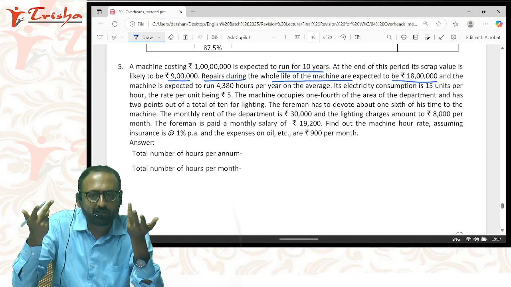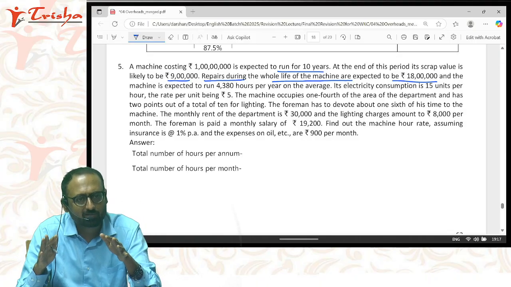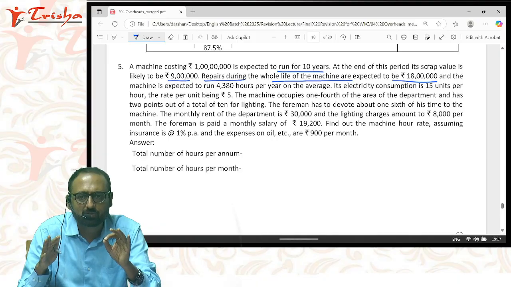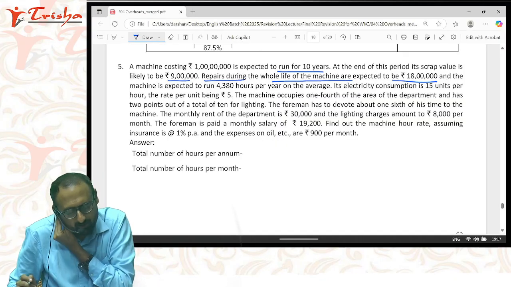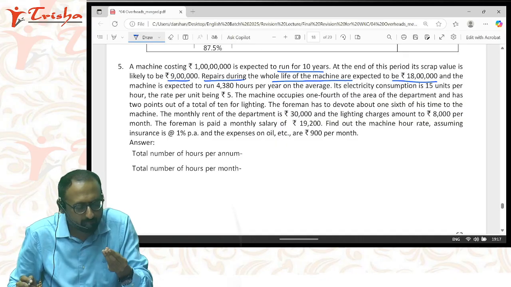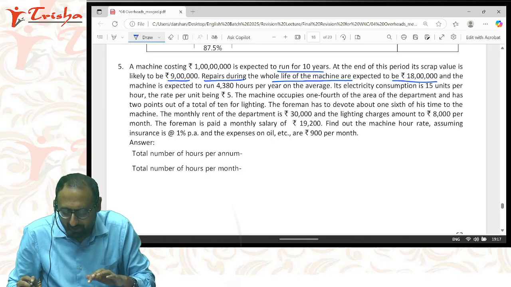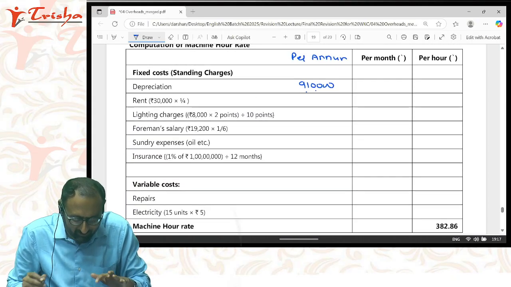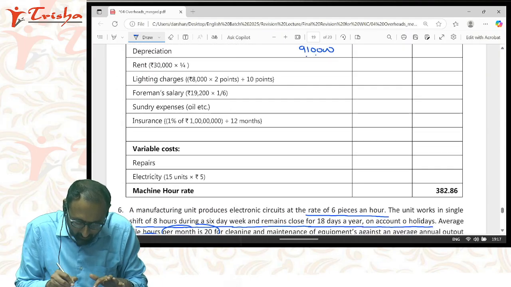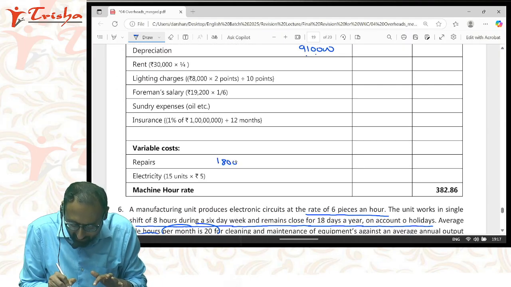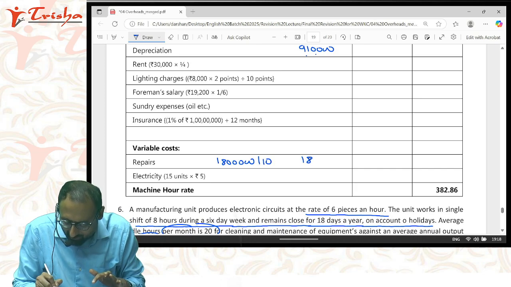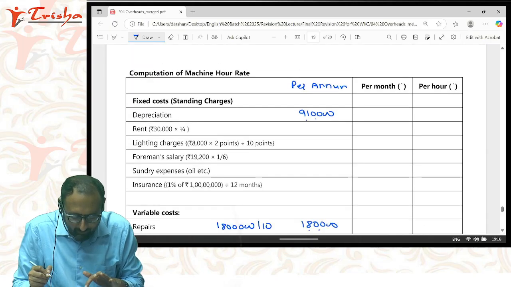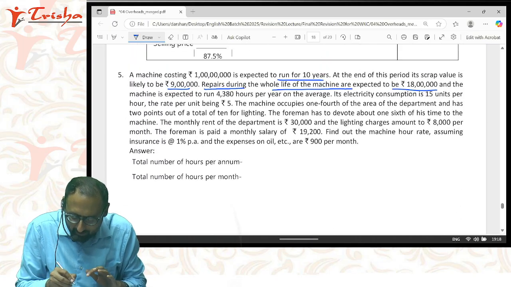Repairs are given for the entire life, so divide by 10 years. How much will be your annual repair? 18 lakhs divided by 10 years of life. Sir, how much will it be? Is it 1 lakh 80,000? Okay, repairs cost I have written over there.